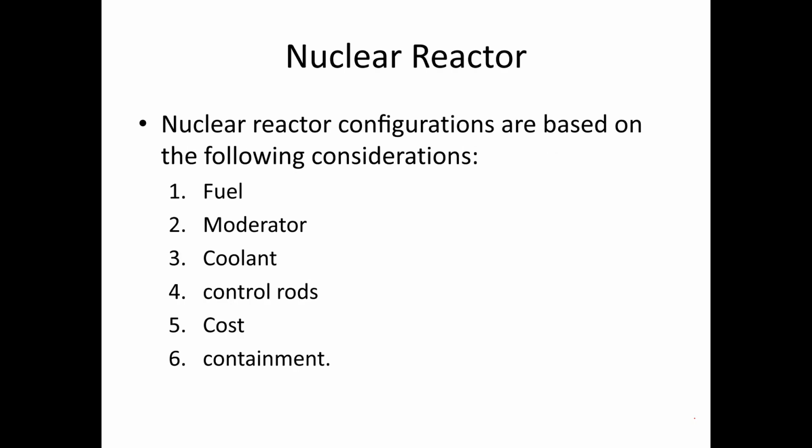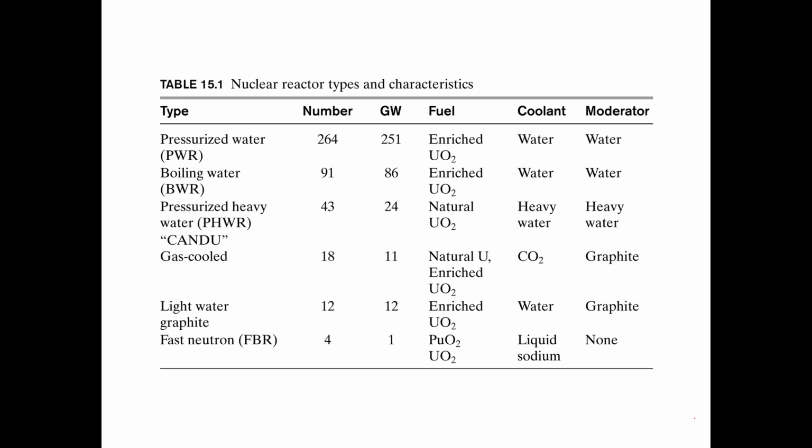Nuclear reactor configurations are based on the following considerations: the fuel, the moderator, the coolant, the control rods, the cost, and containment. This chart from your book categorizes nuclear reactor types and their characteristics.